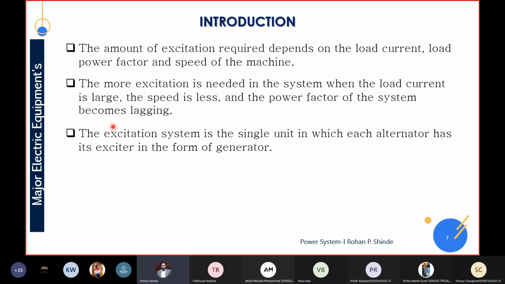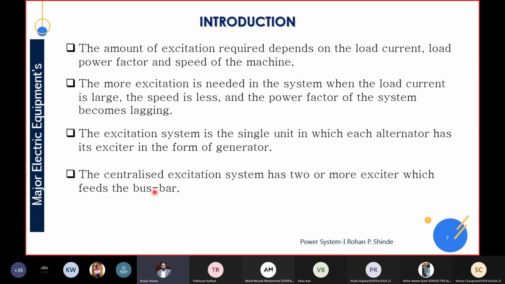Now the excitation system in a single unit is one in which the alternator has its exciter in the form of a generator. Whenever a single unit system is there for an alternator, the exciter is used in the form of a generator. Now the centralized excitation system has two or more exciters which feed the bus bar.